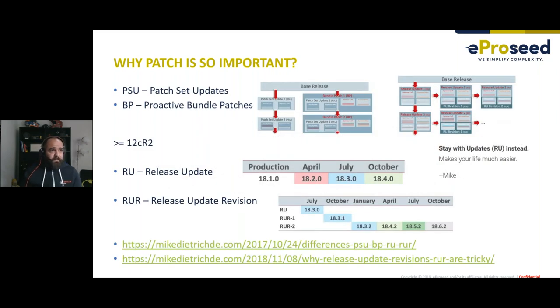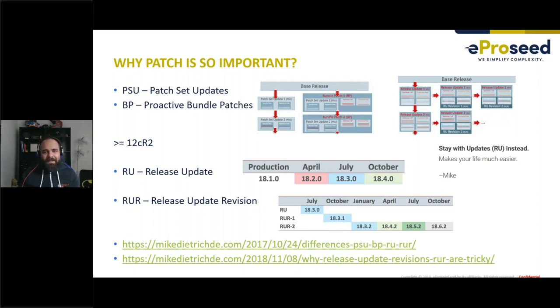So those like me, dinosaur DBAs, who still refer to MOS as Metalink, are used to referring to patches as PSU, which means patch set updates, and BP, proactive bundle patches. This nomenclature of patching was changed in Oracle 12c release 2.